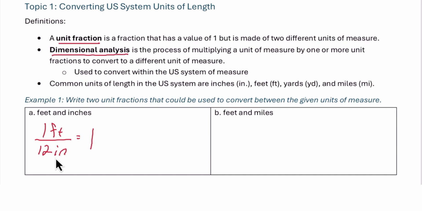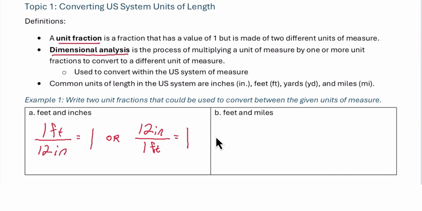We could also flip the numerator and denominator: 12 inches divided by 1 foot. Since those two values are the same thing, that represents the number 1. We'll use these kinds of fractions to convert between different units of measure in the US system.